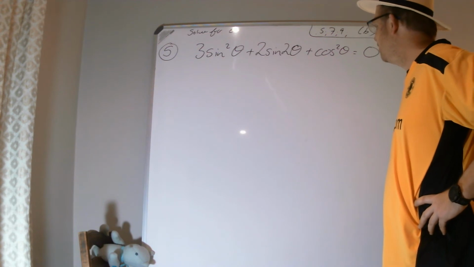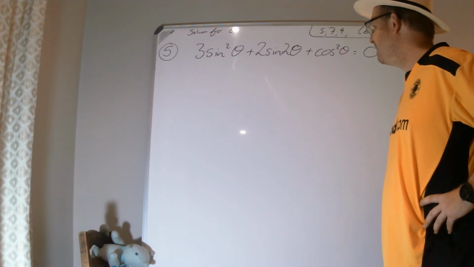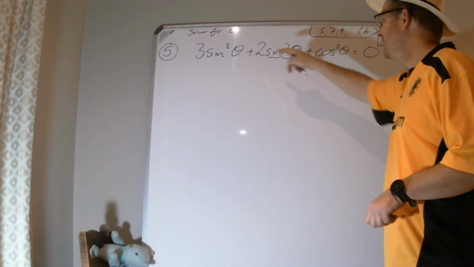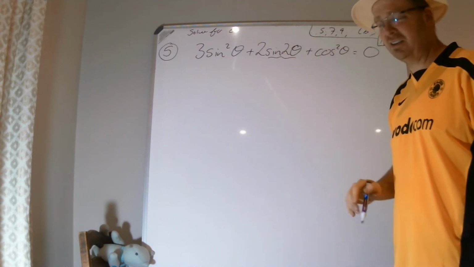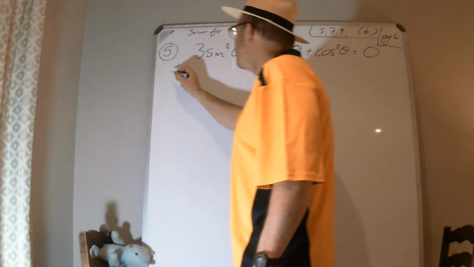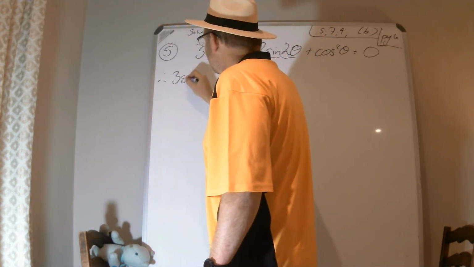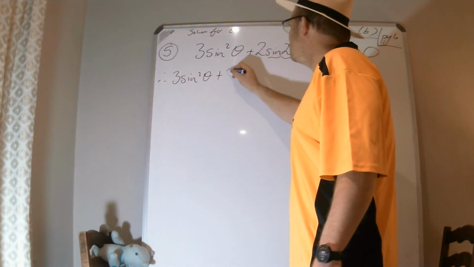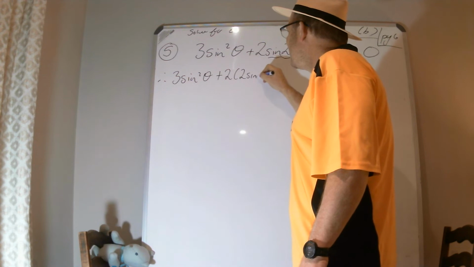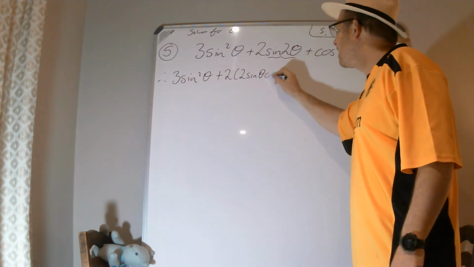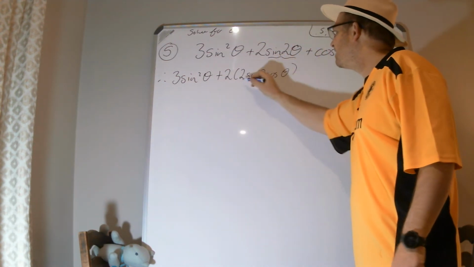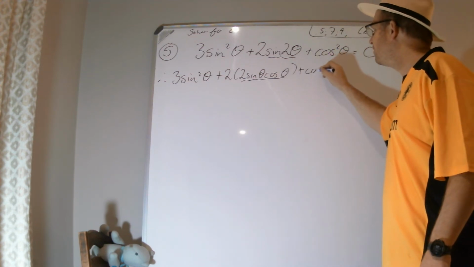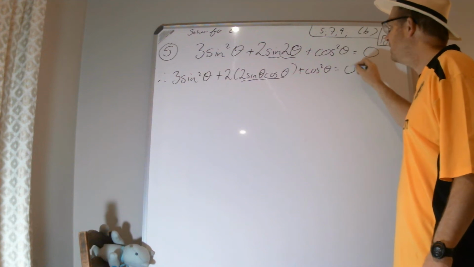Right. So you look at that, and Maxine, what do you think? Oh yes, indeed. Sine 2 theta, everything else is theta. There's a double angle, so let's get rid of that naughty person. So we go 3 sine squared theta plus 2 times 2 sine theta cos theta, I've changed sine 2 theta into 2 sine theta cos theta, plus cos squared theta is equal to 0.